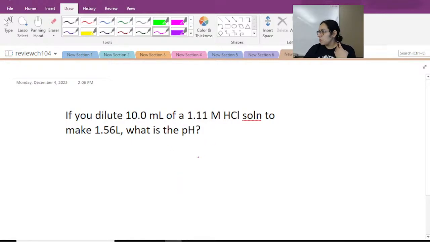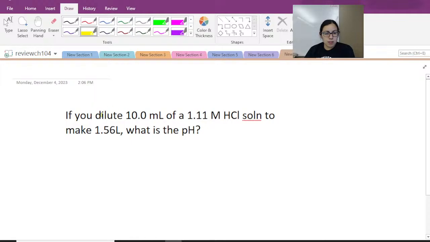Bethany, what did you do for this one? I was confused on where to start. In my head, since we have the molarity, I was thinking you could just punch it into the pH equation, the negative log of H3O+, but it gave me a negative pH.